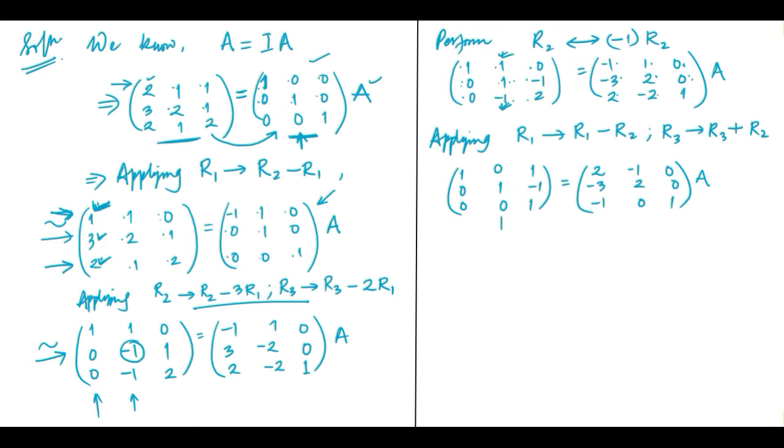Now you can see here the second column now converts to the second column of the identity matrix. You will have to change this column to this column of the identity matrix, the third column.